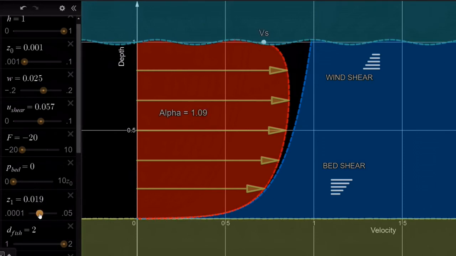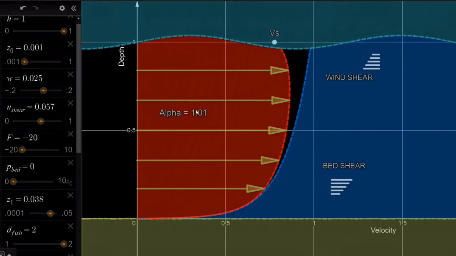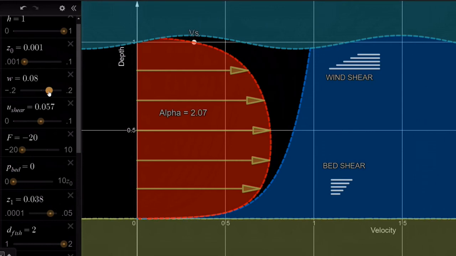As the shear stress from the wind picks up, the water surface is going to get rough. We're going to have waves form, which will then increase the shear stress even further on the surface. You can see how we can get very high alpha ratios under these circumstances.